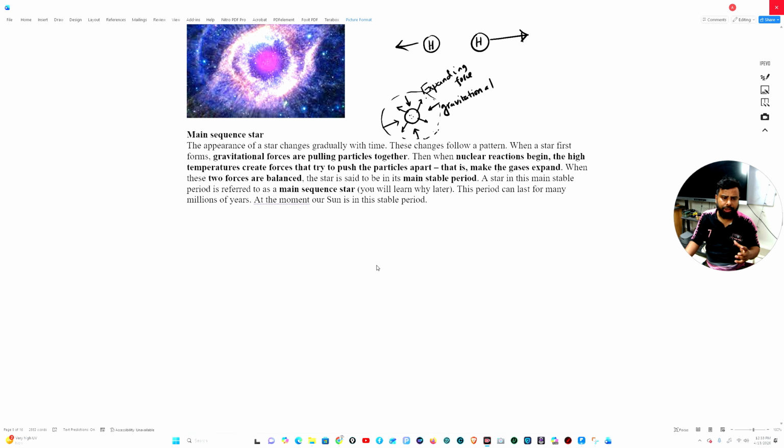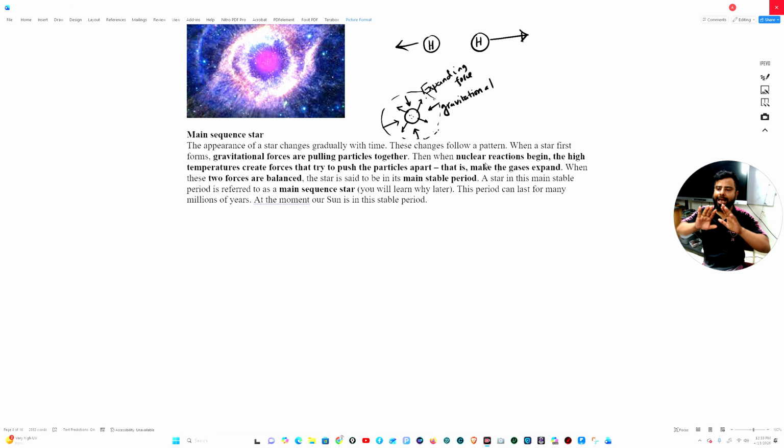Now, the main sequence star. The appearance of the star changes gradually with time. These changes follow a pattern. When the star first forms, gravitational forces are pulling particles together. When the nuclear reaction begins, the high temperature creates a force that tries to push the particles apart.